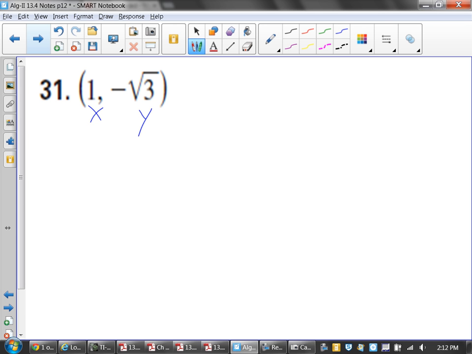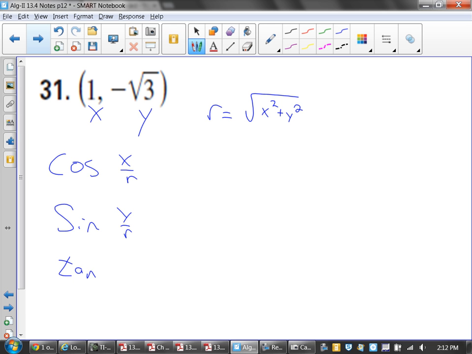What are we missing? R. So how do I find R? What we're doing here, Hunter, is cosine x over r, sine y over r, tangent y over x, secant r over x, cosecant.